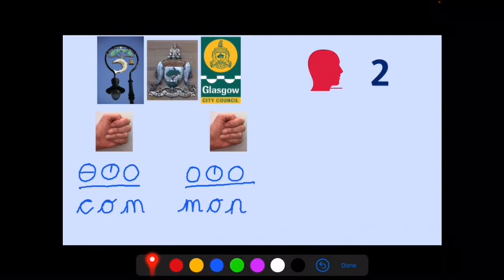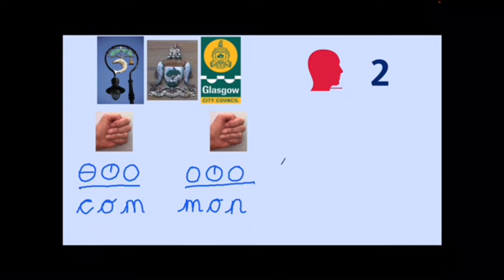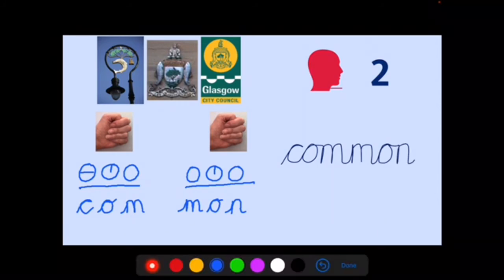We can't hear two sounds in the middle of the word, but we have that double consonant. It tells us the sound to say, and it keeps that O short. Let's write it. K is C before O. We have a double consonant. Common.